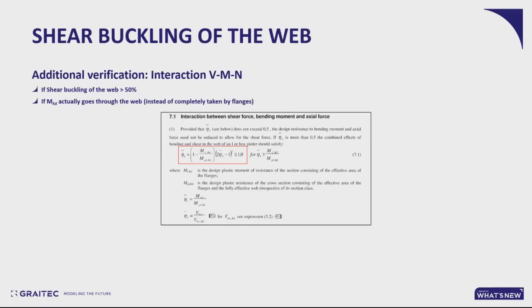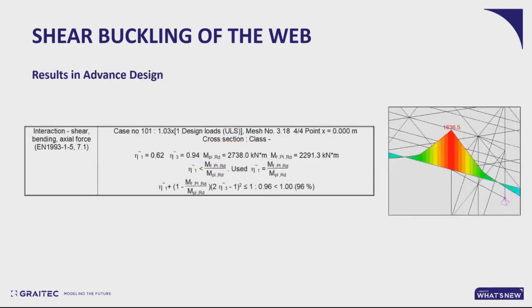And you also need to have some bending moment actually going through the web, because if the moment is taken by the flanges, as is often the case, usually you won't worry about that. But anyway, this check is performed in advanced design, but here the design bending moment was small enough to be taken by the flanges, so there was no problem there.